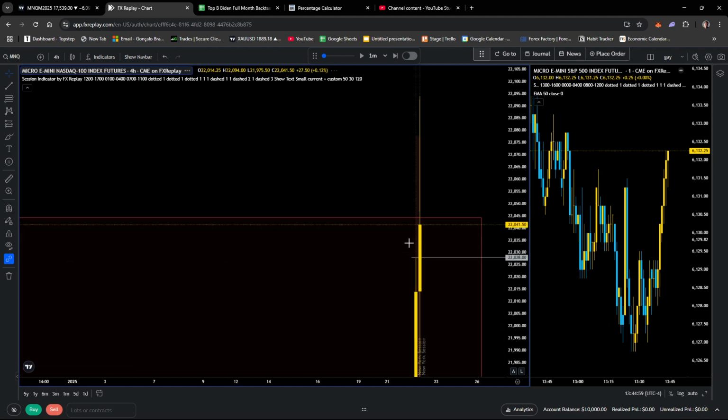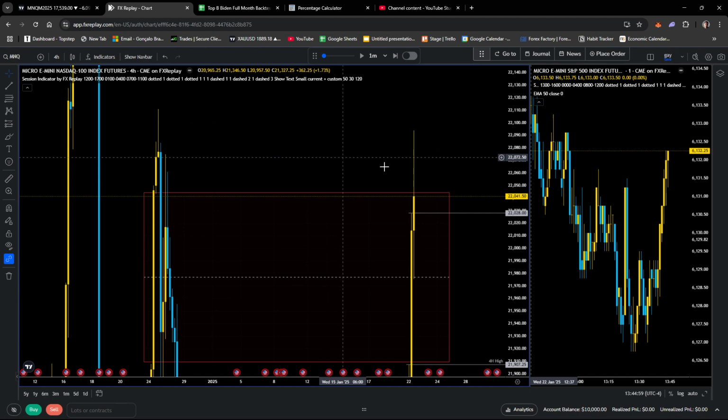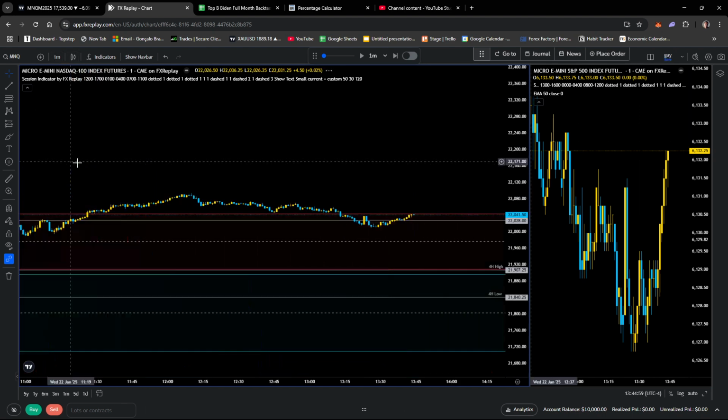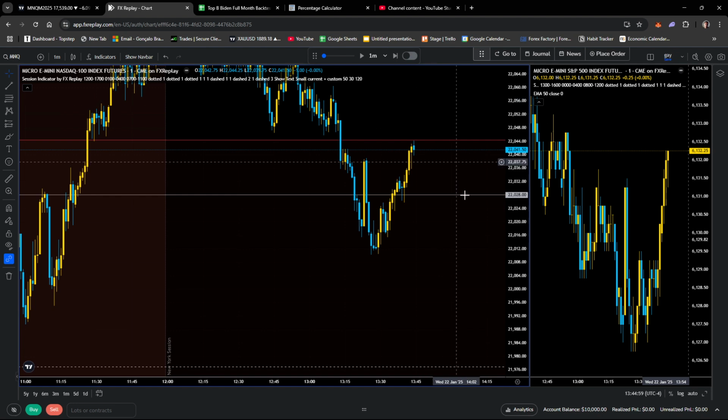Okay, so the 4-hour has swept the high. It's really trying to break this, but then overall we're in a gap anyway. So yeah, we want to sell.